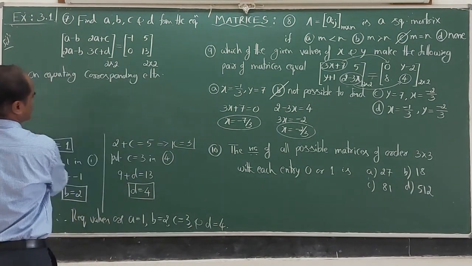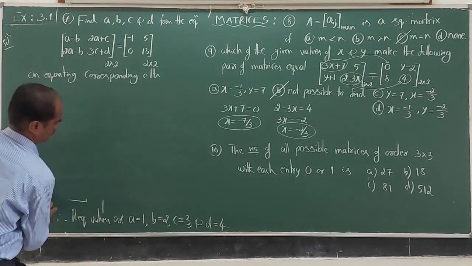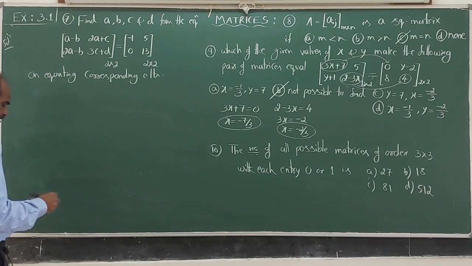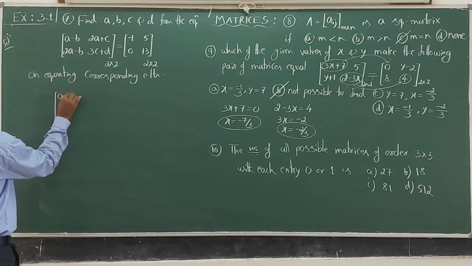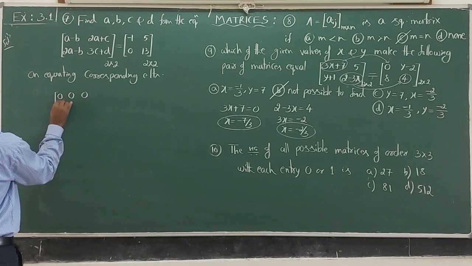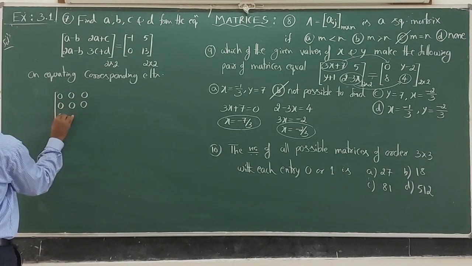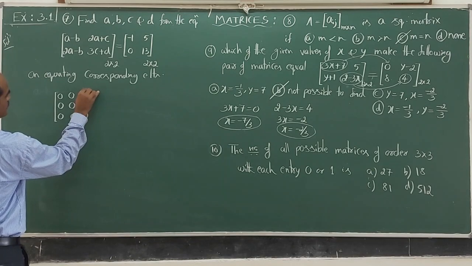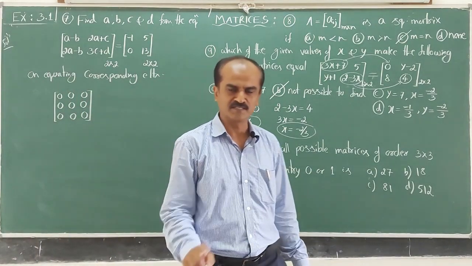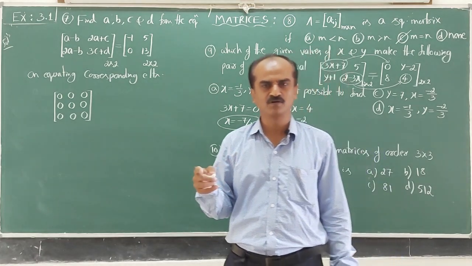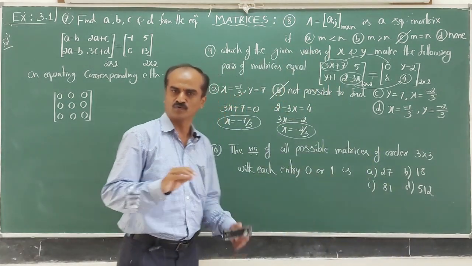Let me write some of them. Just to get an idea, I am writing the required matrix. A 3 by 3 matrix I have to write. 3 rows, 3 columns I have to write. I cannot write my own numbers. Restriction is either you have to write 0 or you have to write 1 to all the positions.